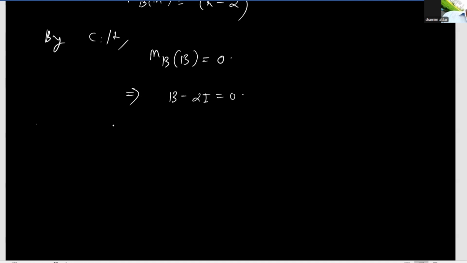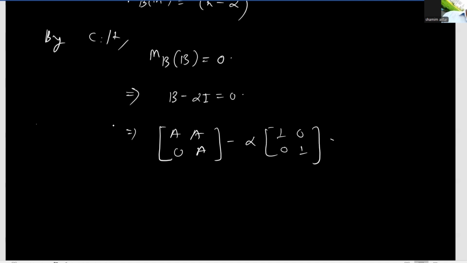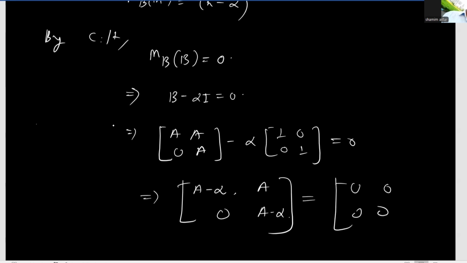So now put the value of B, which is [[A, 0], [0, A]], minus alpha times the identity, equal to 0. So this implies the matrix with entries A minus alpha, 0, 0, A minus alpha equals the 0 matrix.